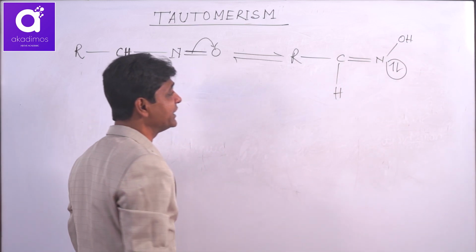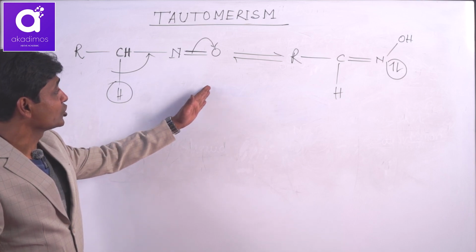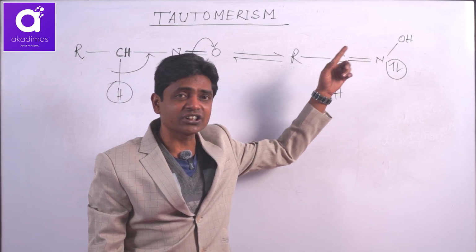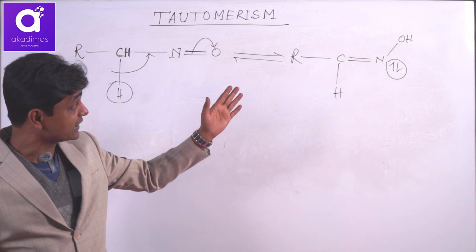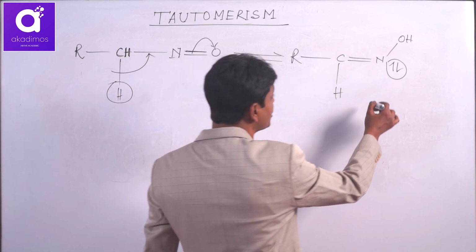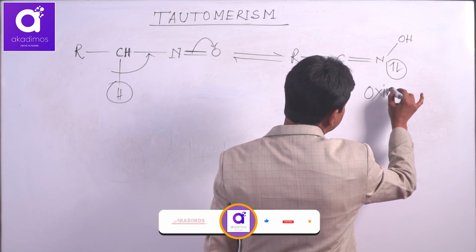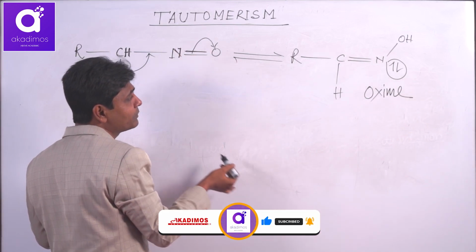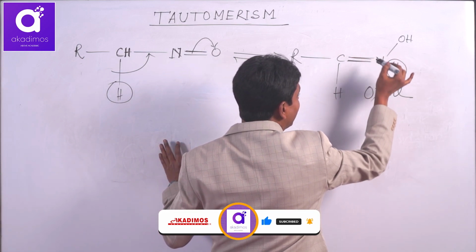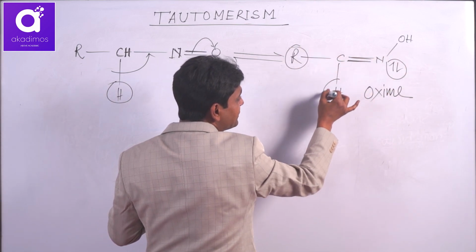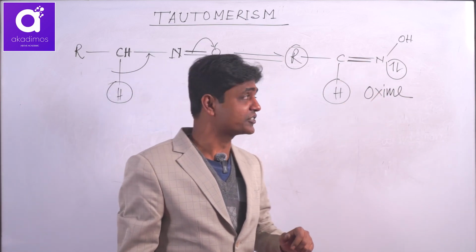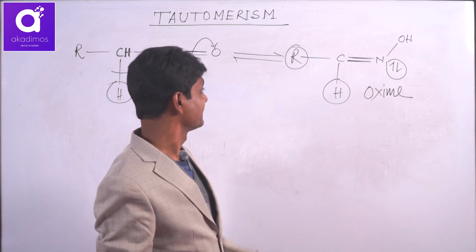Can anyone tell me, after tautomerism you got a structure, it is a new functional group, and you know the name of the new functional group is oxime. Oxime. And remember, this is the keto-like form and this is the oxime form. If R and H are different, then it will show geometrical isomers, syn and anti.